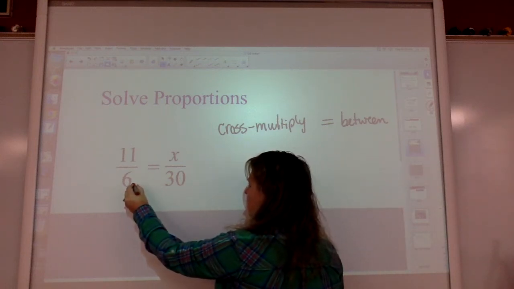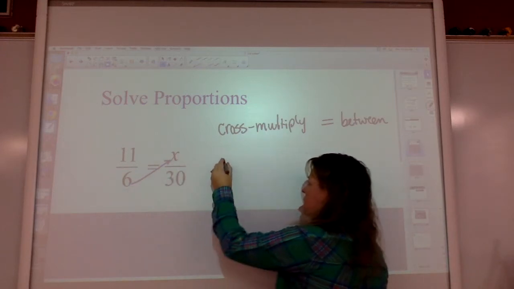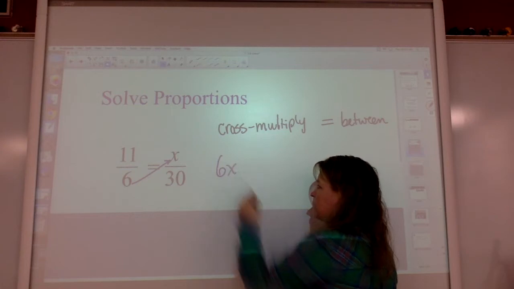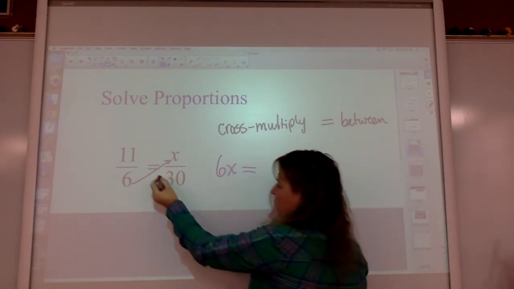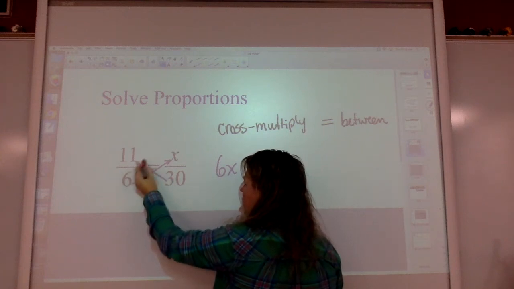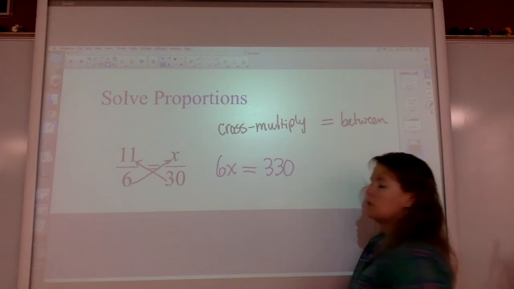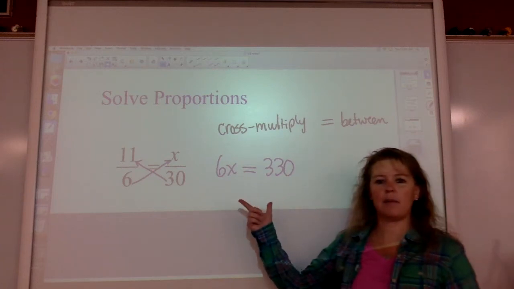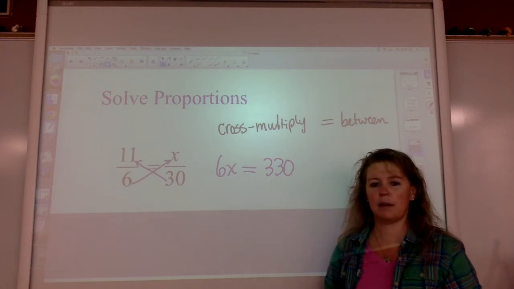You cross multiply. Doesn't matter which direction you go first. In this case, I went 6 times x, which is 6x. It says put an equals in between, which there already is, and then I cross multiply that way and get 330. So after the cross multiplying with these type of proportions, all it is is a one-step solving equation. We got good at solving one step.